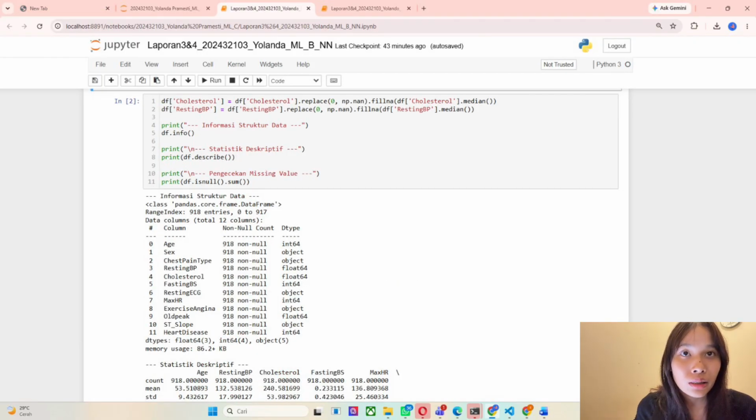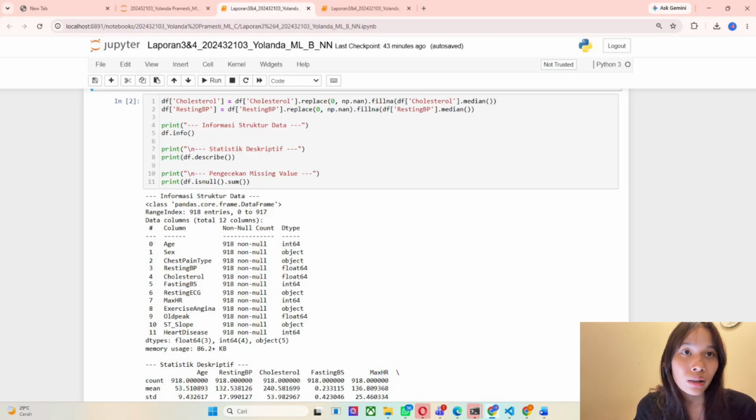So next, moving on to the exploratory data analysis section, as shown in the generated plot, the first graph on top is a count plot that visualizes the distribution of our target variable, heart disease.